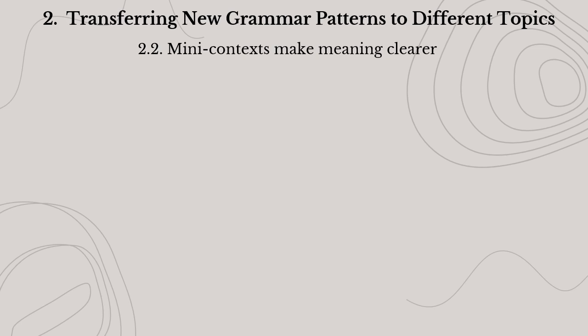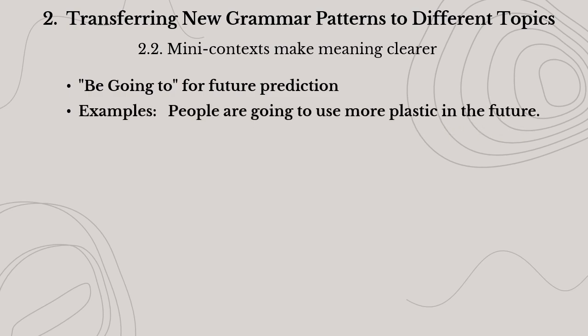So to help make it clear, teachers can use contexts of the topic as clues to help students understand the target grammar and its meaning at the same time. For example, your target grammar today is "be going to" for future prediction again, and your theme is environment. So you create a sentence which says, "People are going to use more plastic in the future."